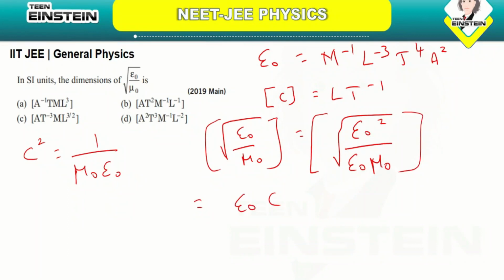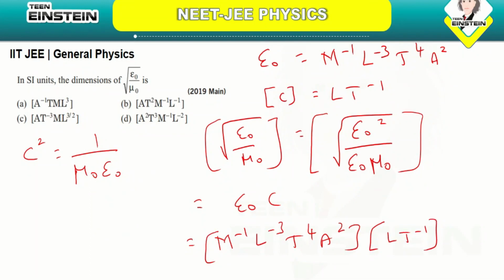So, in order to simplify it, we are doing this, and you know what is the epsilon naught value: M power minus 1, L power minus 3, T power 4 and A square. This is the dimension for epsilon naught, and c dimension is L into T power minus 1.